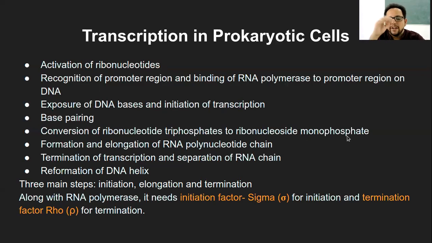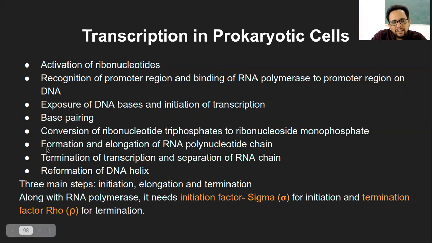Now, this is again to form the backbone. We only need one phosphate molecule in between adjacent nucleotides in RNA. So for that to happen, it must convert again from triphosphate to monophosphate. So that is step number 5.